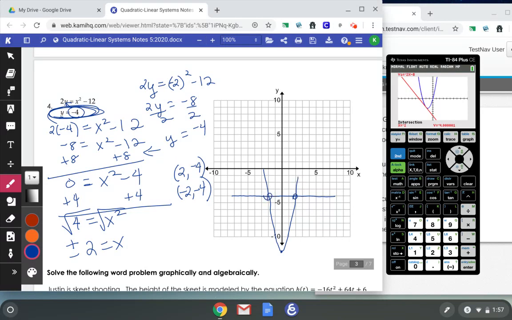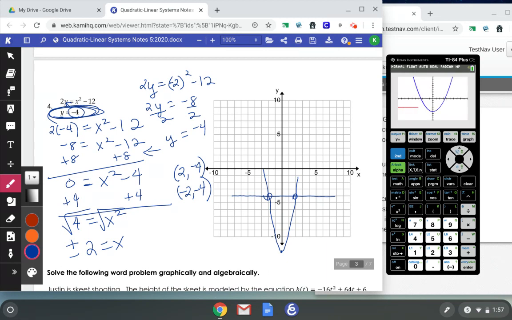Okay? And again, we can check this in our calculator. I can do 1/2 x squared minus 6 and y equals -4.